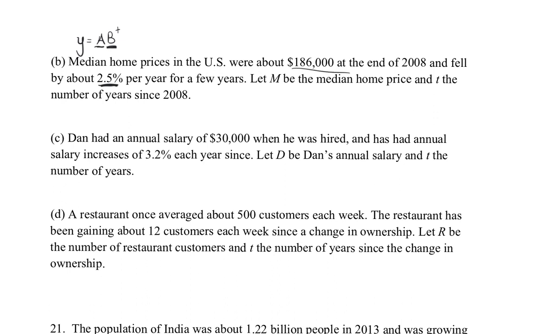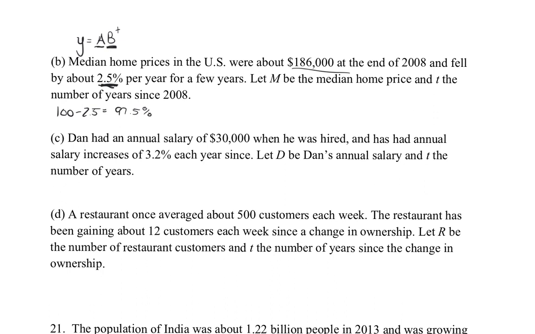It's just $186,000 because that's the starting price. But b, our rate, since it's falling about 2.5% a year, that means we have to subtract 2.5% from 100% so that we get 97.5%.